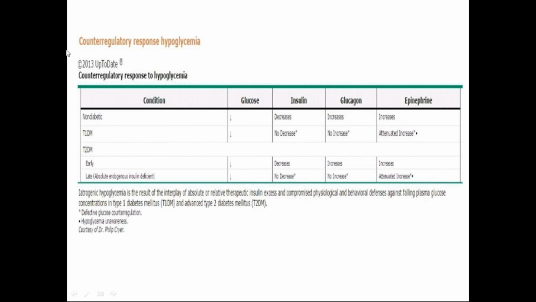Now the counter-regulatory response in hypoglycemia, for diabetics and non-diabetics. We have seen in the previous slides that in non-diabetics, glucose decreases, insulin decreases, and glucagon and epinephrine increase. So how will it be in diabetics?